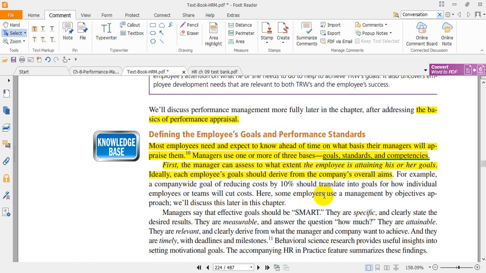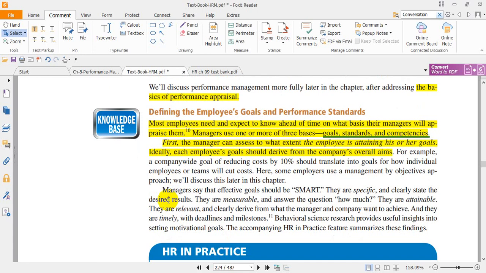Some employers use a management by objectives approach. Managers say that effective goals should be SMART. SMART means specific, measurable, attainable, relevant, and timely.